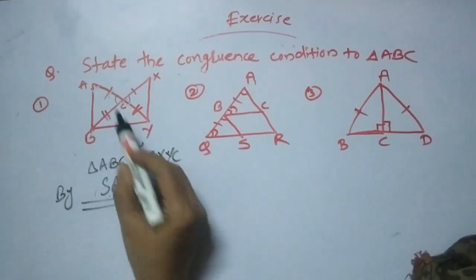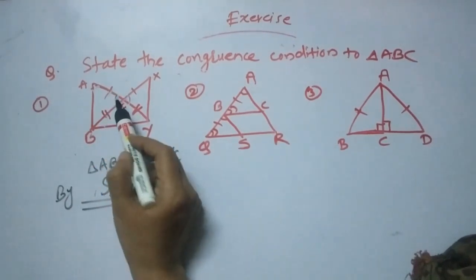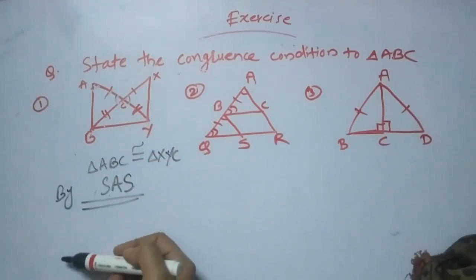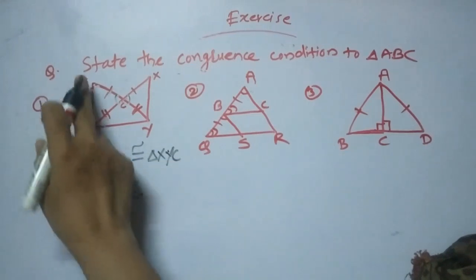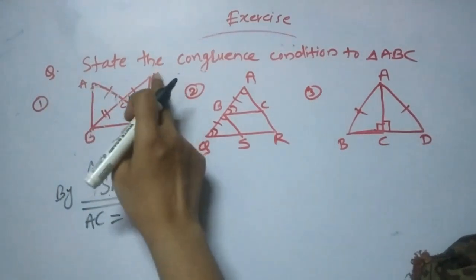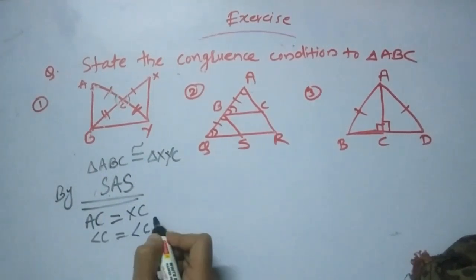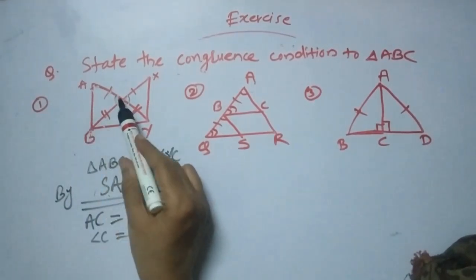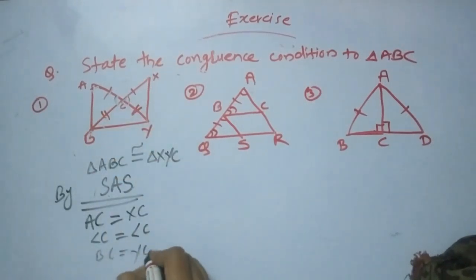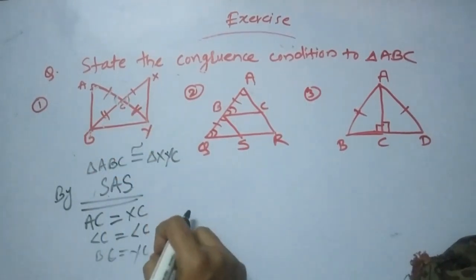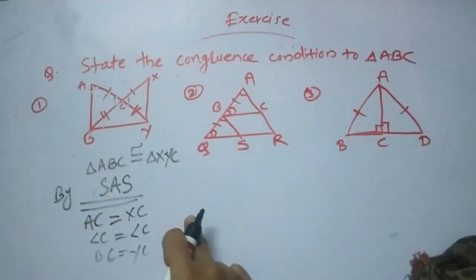Because the two sides and the one included angle are similar. So you can write this side AC is equal to XC, angle C is equal to angle C, and BC is equal to YC. So side angle side, two sides and included angle are congruent.